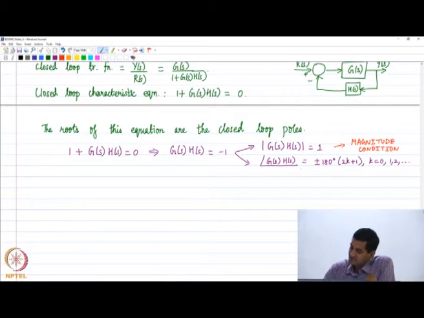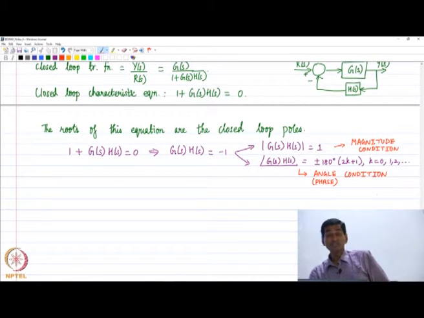This condition is what is called the angle condition or the phase condition. Of course some people will call it a phase condition.